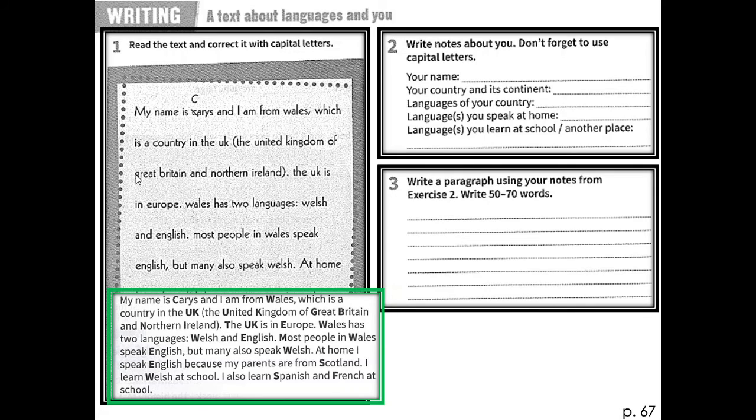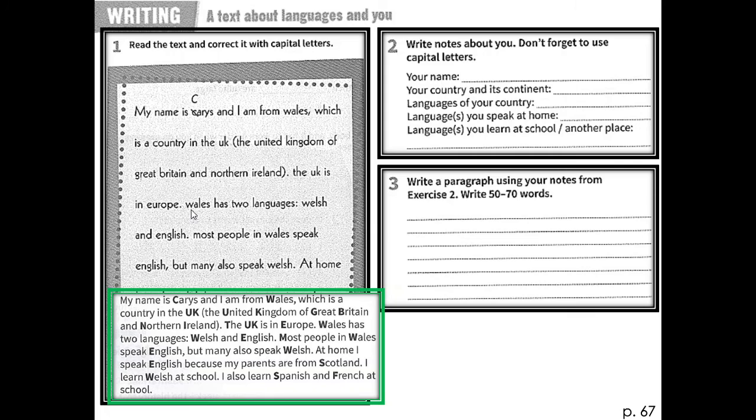U, K, and then G, B, N, okay, Northern Ireland. The UK is in Europe, UK again here, must be 2 capital letters. And then Europe. Europe is a place, geographical region, so it must be in capital letter as well.